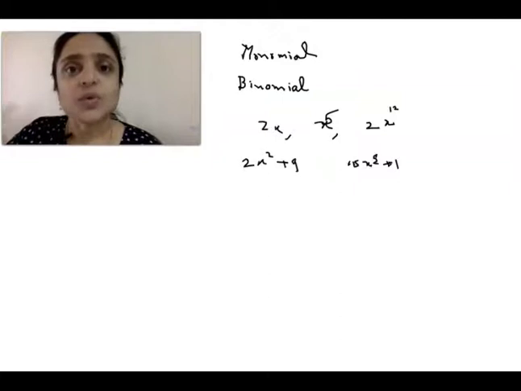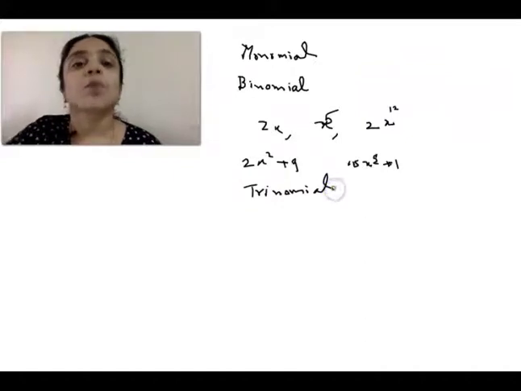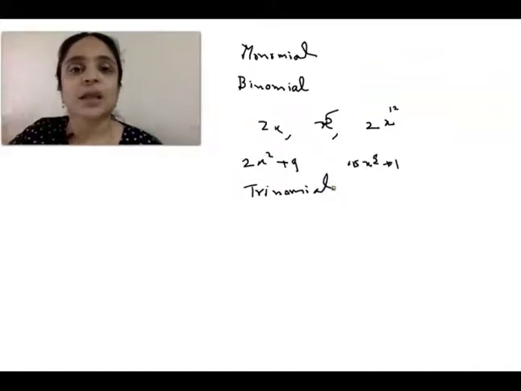Now, what are those polynomials having three terms called? One term is called monomial, two terms binomial. So what will be those having three terms called? It will be trinomial, right? Monomial, binomial, trinomial. And monomial, binomial and trinomial are related to the number of terms in the polynomial.